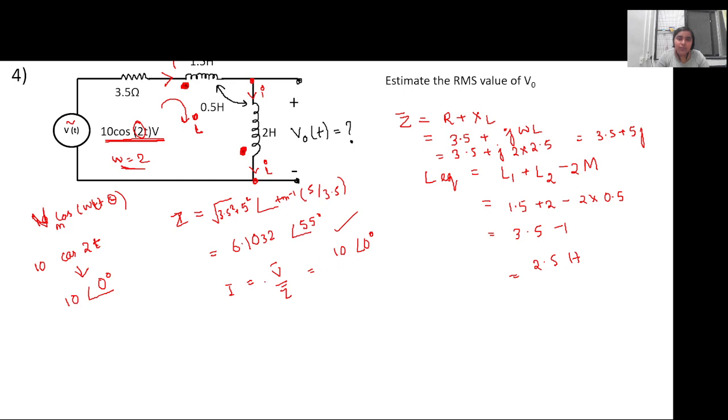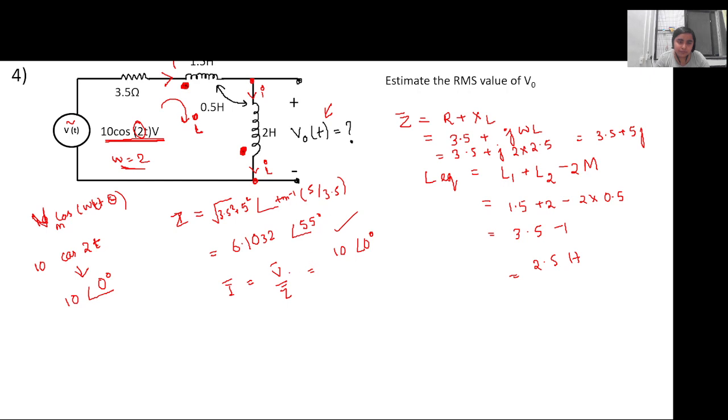Let's calculate I, then we can write it in terms of cos or sine, right? V phasor has magnitude as well as angle.